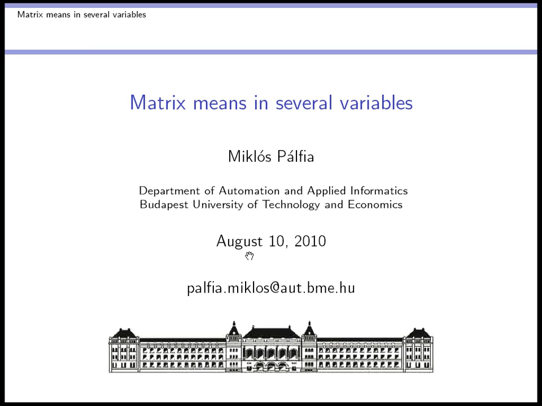That property is f(t) equals t times f(1/t). If this is fulfilled, then the corresponding mean is symmetric. Also, f should be normalized, otherwise the first property, the idempotency property, is not fulfilled. So we should have these two properties next to the operator monotonicity of f.